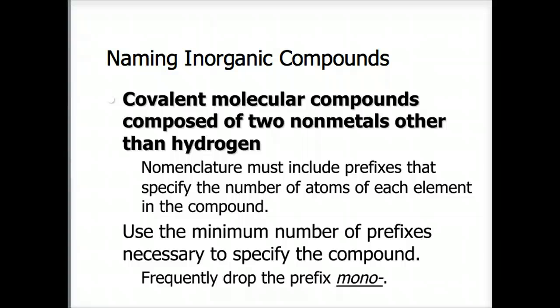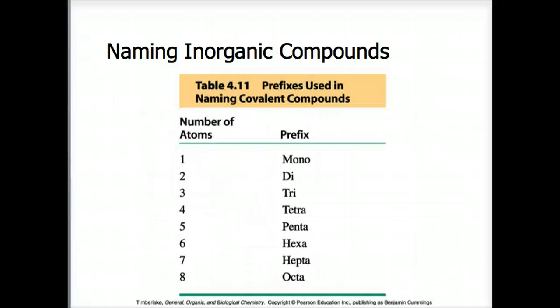Covalent molecular compounds that have 2 nonmetals in them, you have to include a prefix that tells you how many atoms of each element there are. You want to use the minimum number of prefixes, and you usually do not use mono for the first one. But if the number of atoms is 1, it's mono, di for 2, tri for 3, tetra for 4, penta for 5, hexa for 6, hepta for 7, and octa for 8.